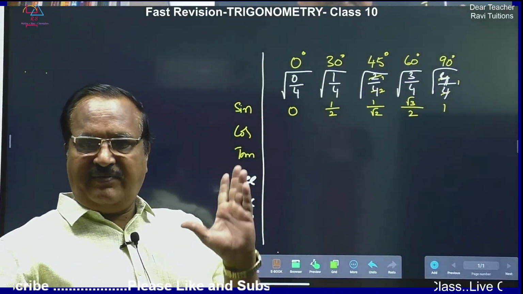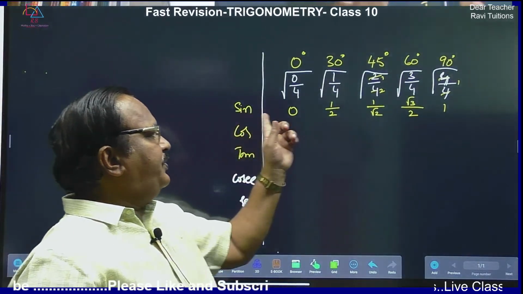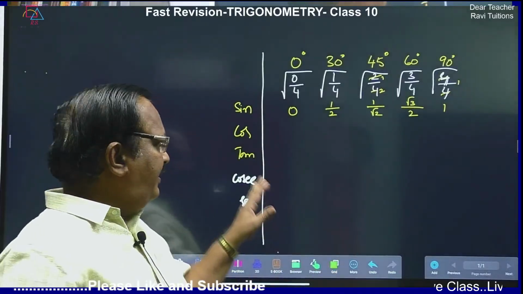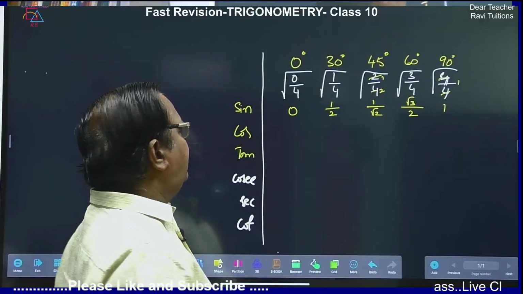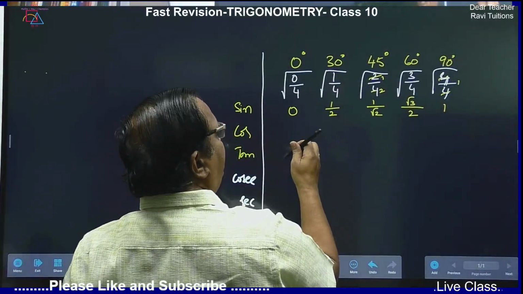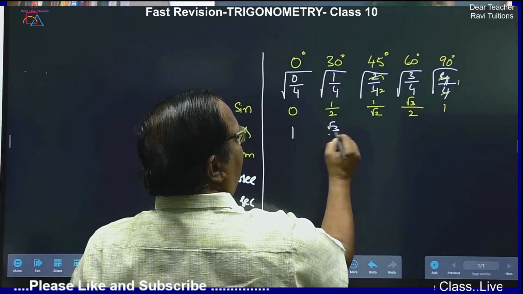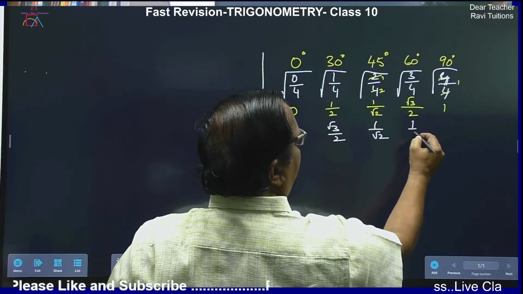This is one way of remembering the angles. Once you get the sine values, all the angles will come. The rest of the angles depend on sine only. Now you write it in the reverse order. So then what happened? 1, root 3 by 2, 1 by root 2 in the middle, 1 by 2 here and this 0.